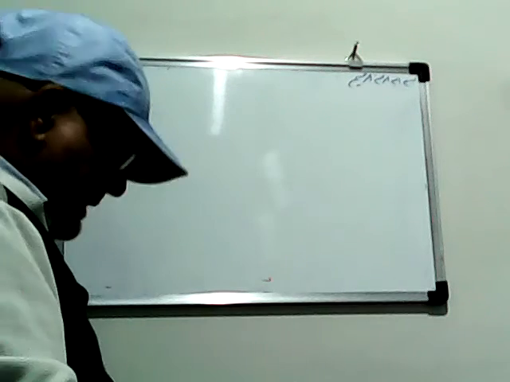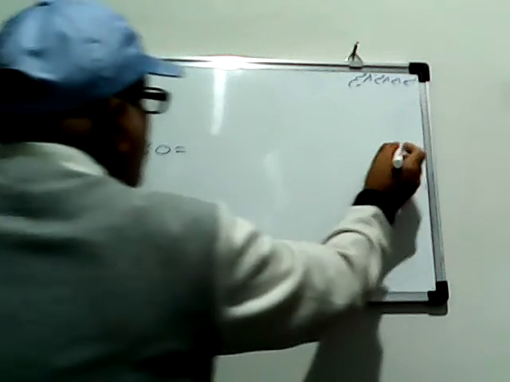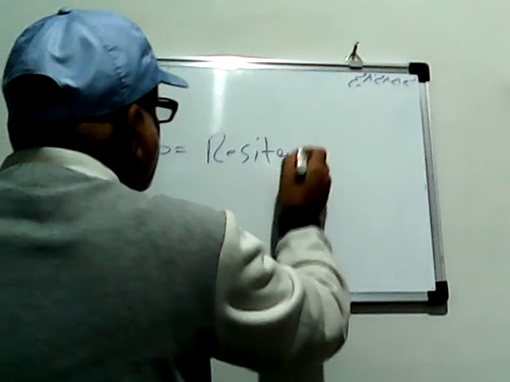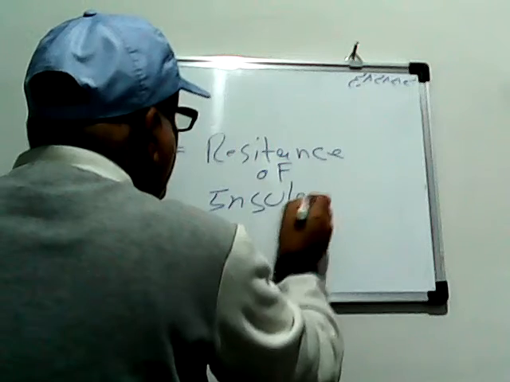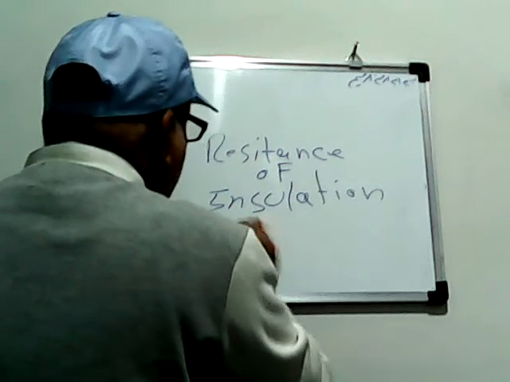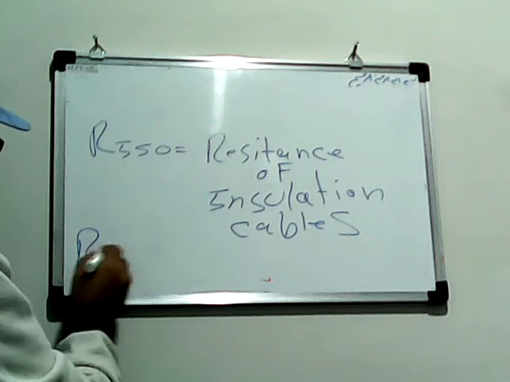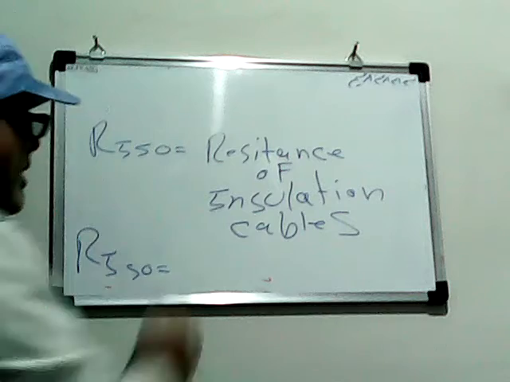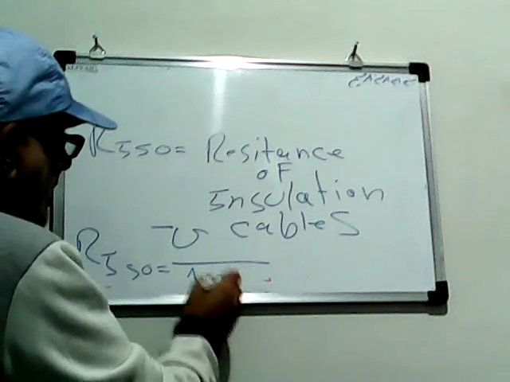You should take a measurement. RISO means resistance of insulation of cable. RISO equals U of the system divided by 1 milliampere.